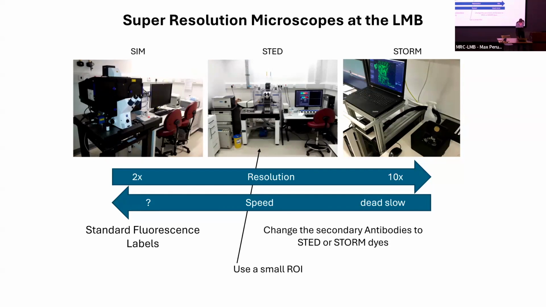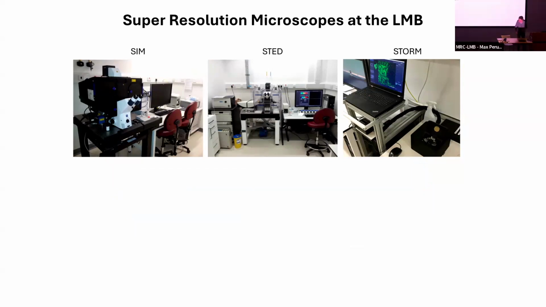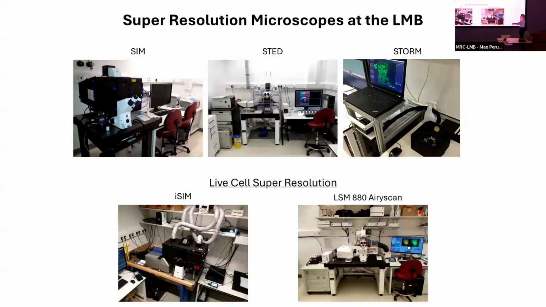I won't go too much more into this, but just to give you an example, there are some systems that do live imaging, the iSIM, instant SIM. This one effectively does the same job as that, but using a slightly different version of it. And that will actually image live cells at 50 frames a second.